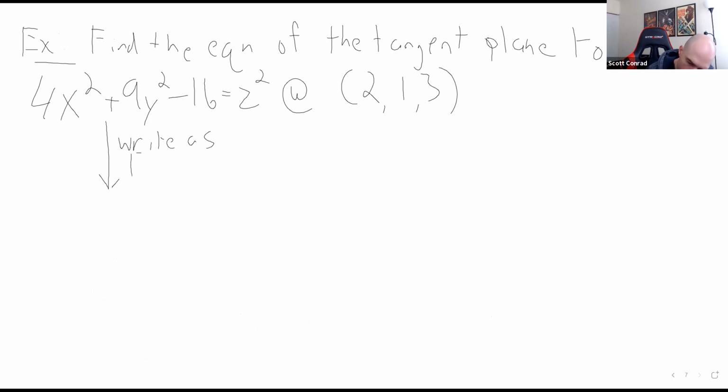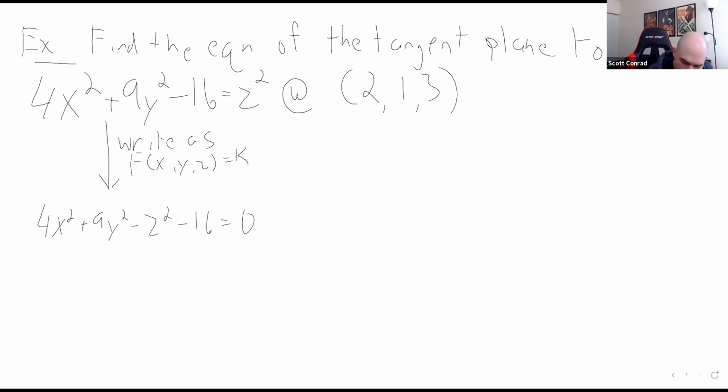So we need to write it as some function of x, y, and z equals a constant. Doesn't matter what that constant is. You could just move everything over to one side, set it equal to 0. It doesn't matter. So we have 4x squared plus 9y squared minus z squared minus 16 equals 0. If you like, you can throw the 16 on the other side.